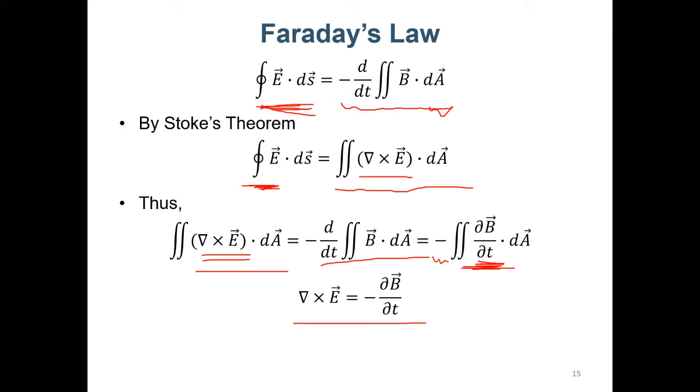So we can write the differential form of Faraday's law like this: curl E equals minus partial B partial t. This is how we derive the differential form of Faraday's law. Any questions?